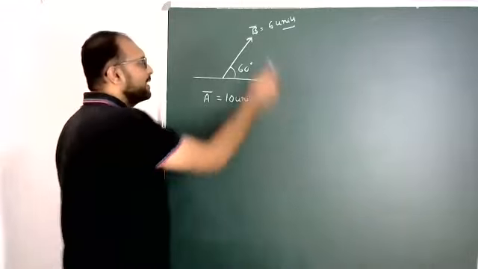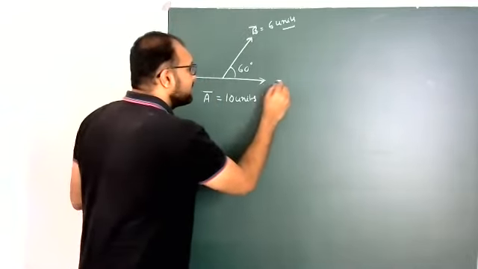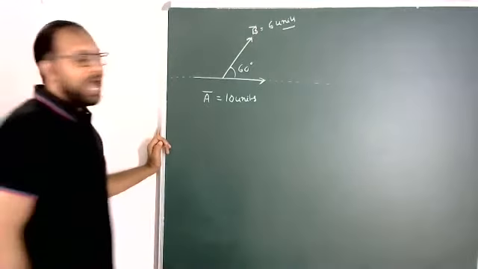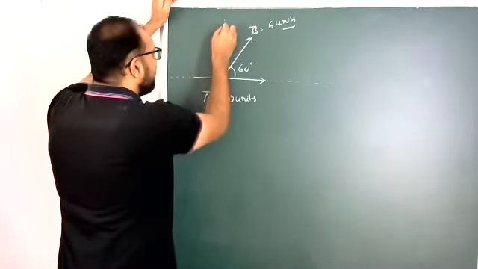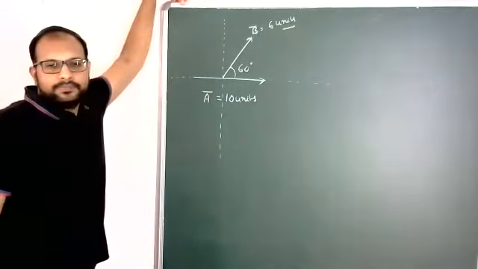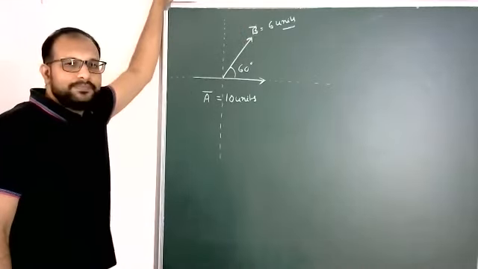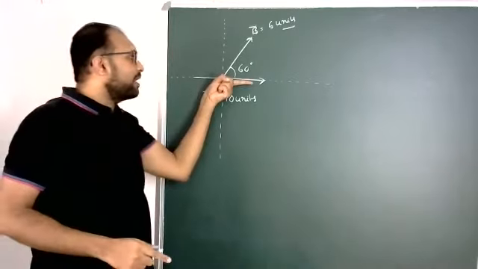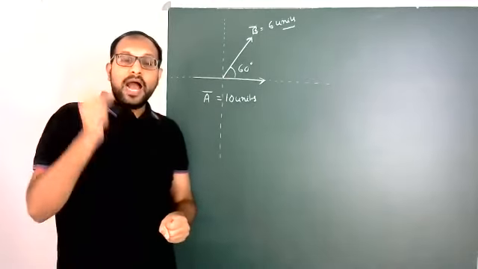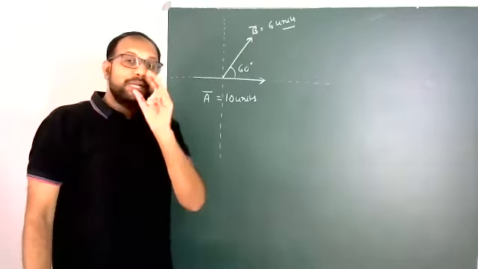Just wait. B bar along A bar means this is the A bar direction, and perpendicular to A bar means this is perpendicular to A bar. Already we know the angle is 60. So that's why, students, along A bar means with A bar, how much angle, cos of that angle, and magnitude.